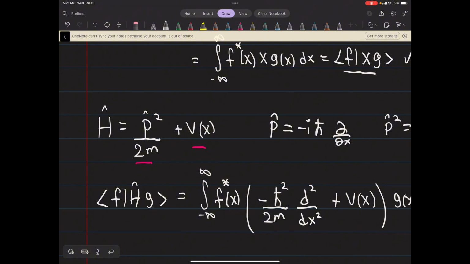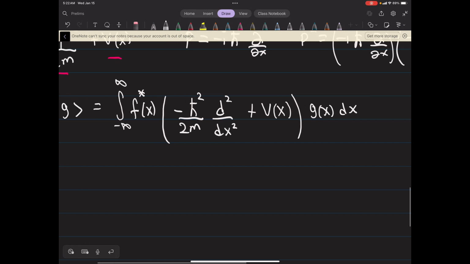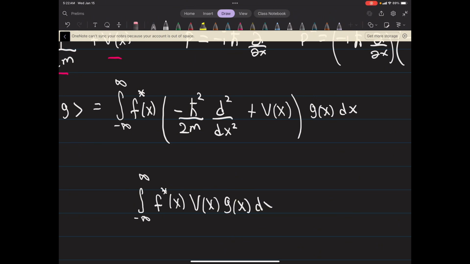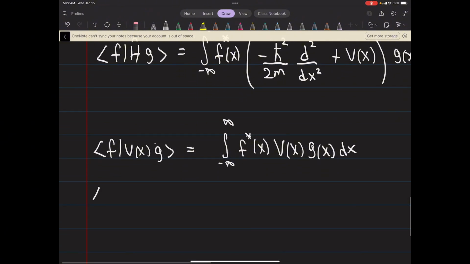So we'll start with the first part that I think is the easiest, which is that, so this would just be, this is just your v of x term. But v of x is not complex, so it's just a real number, it's some potential.